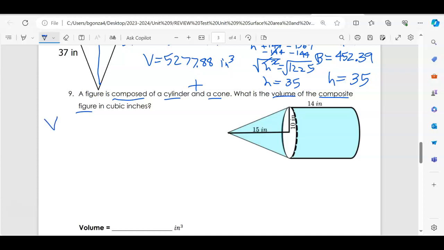So volume of the cylinder equals BH. Now over here, B of both have the same base. It's pi r squared. R is 10. So pi 10 squared.